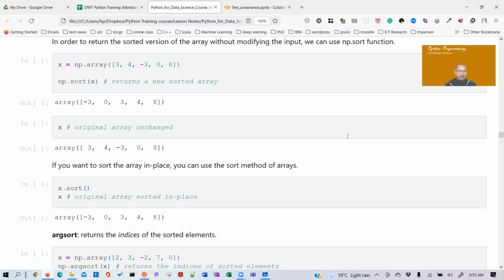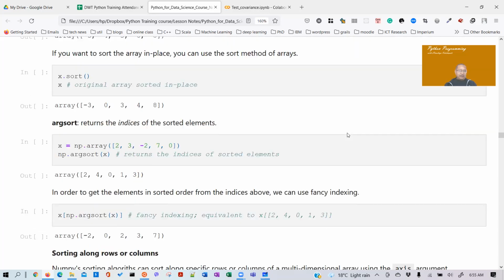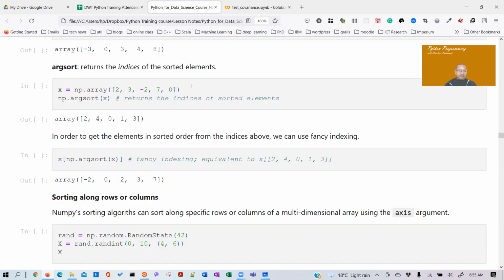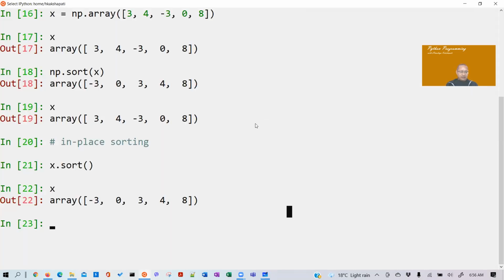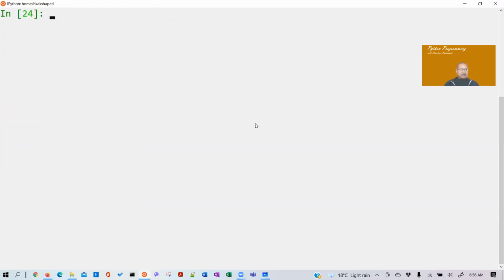Okay, very good. Another thing is something called argsort. Let's see that. Argsort gives you the sorted index rather. Let's try this again.